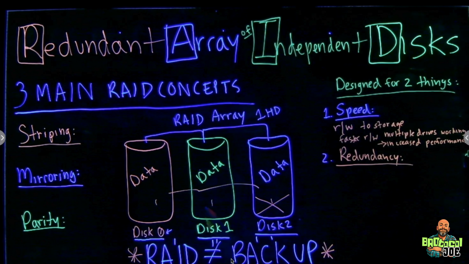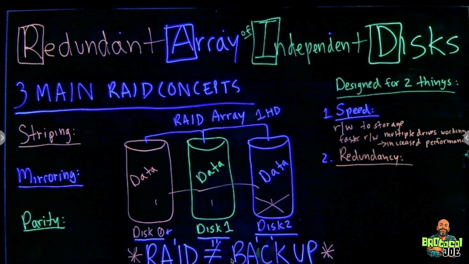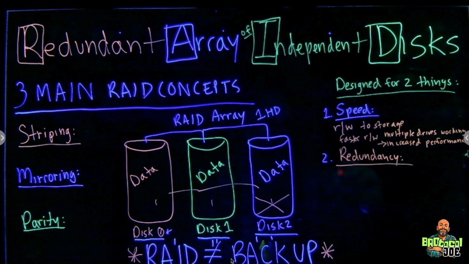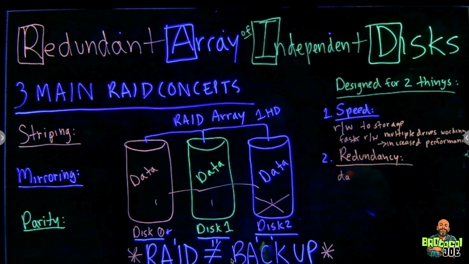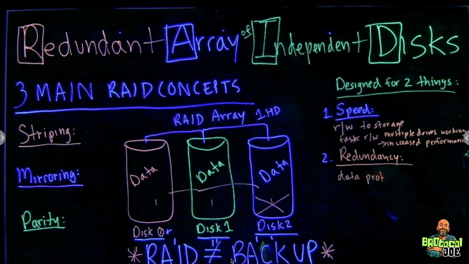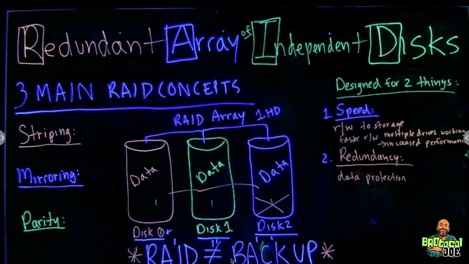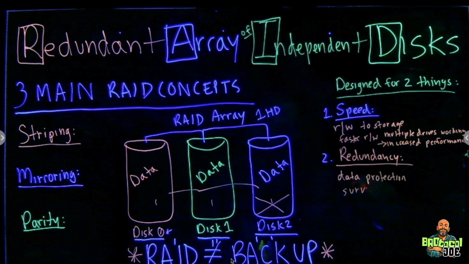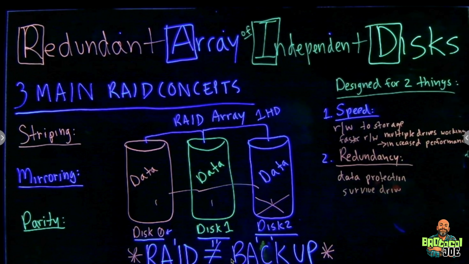Now, I'm not going to go over the different RAID arrays, because I think it's important for you to understand a general description of RAID before my other videos go into the different types of RAID. So redundancy helps protect against hardware failure. You have data protection, and you can survive drive failures.